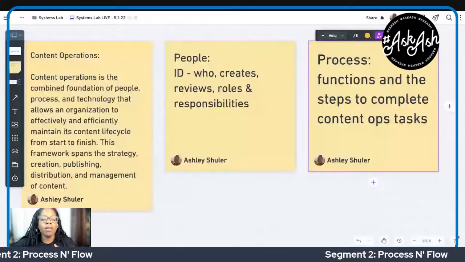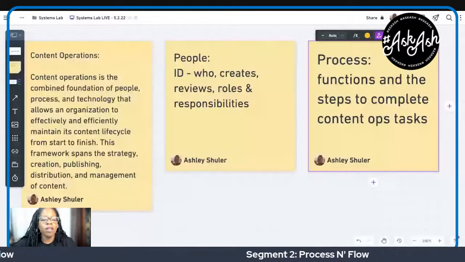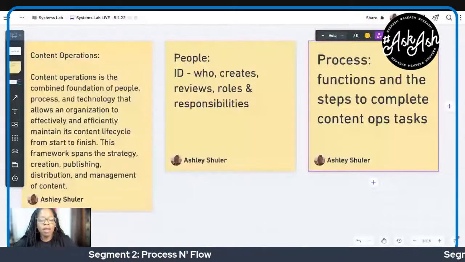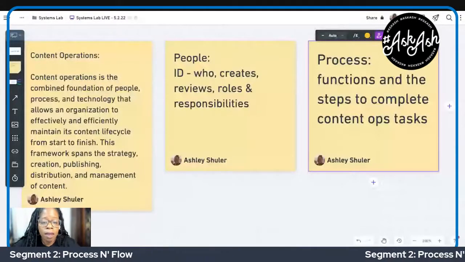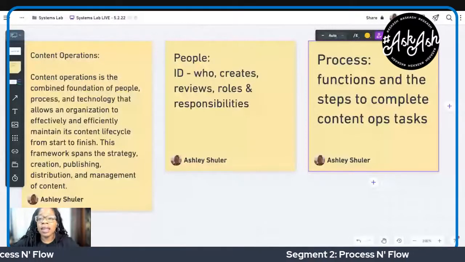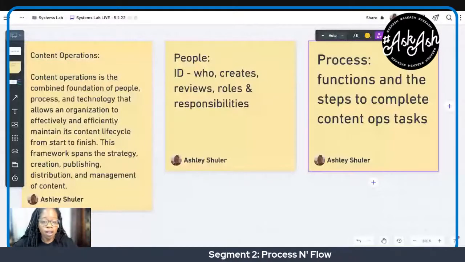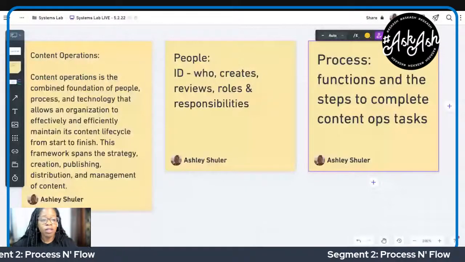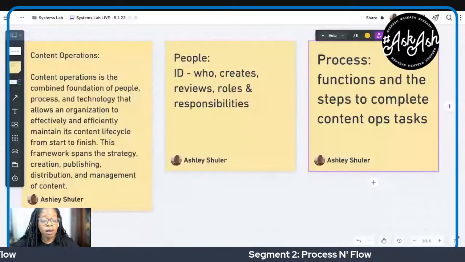Something that's so important that we should note is that this is about the content life cycle. The content life cycle, which means from the ideation to the creation. I'm speaking now on framework and workflow. The ideation, the creation, the review, okay?